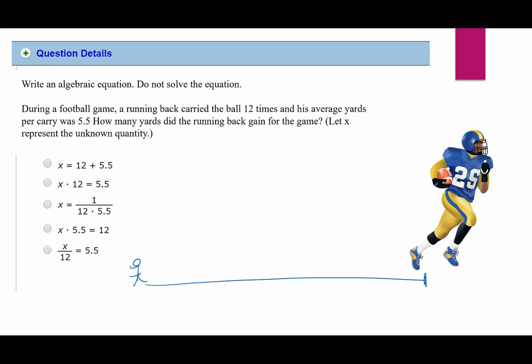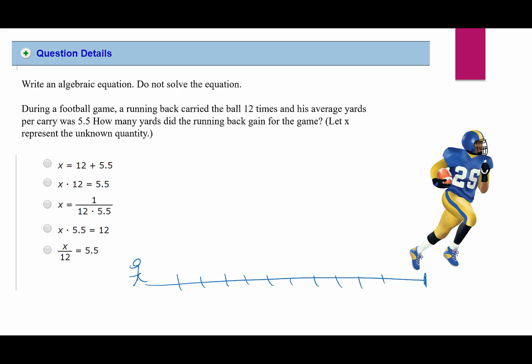He actually had the ball 12 separate times. If you take the total amount of yards that he ran for the entire game, and cut it into the 12 times that he had the ball, that equals 5.5. So if we look at each of these equations, the first one says x equals 12 plus 5.5.